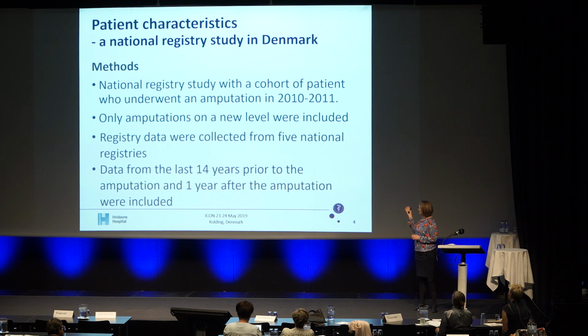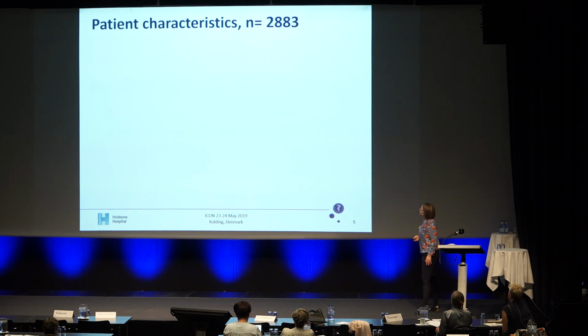I used 5 national registers. And we collected data as far back as we could, and that was 17 years, and then 1 year ahead. So I'm just going to come with the results then. We identified 2,883 patients in Denmark who had been amputated on this first level.